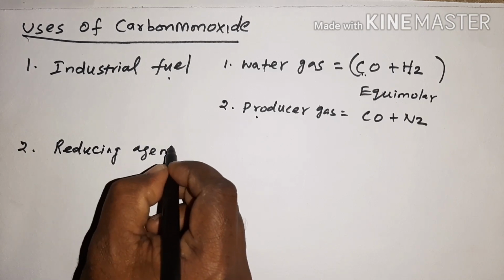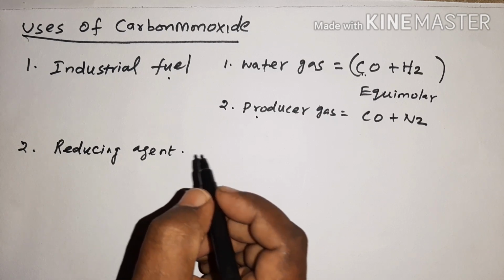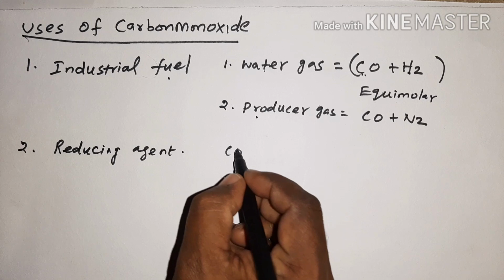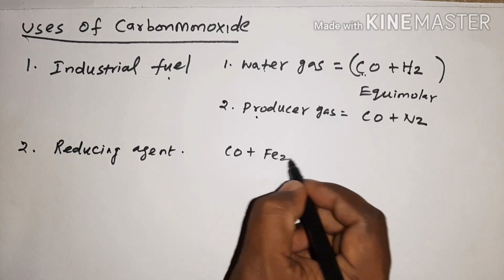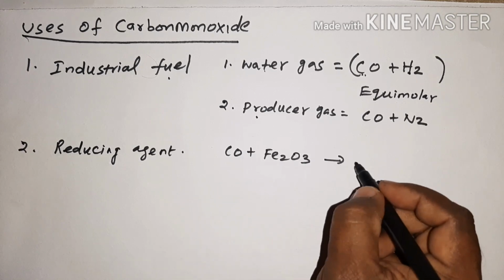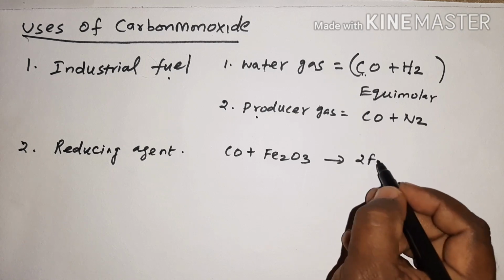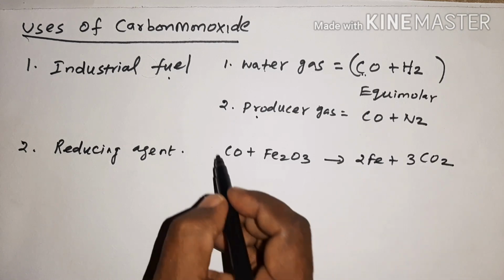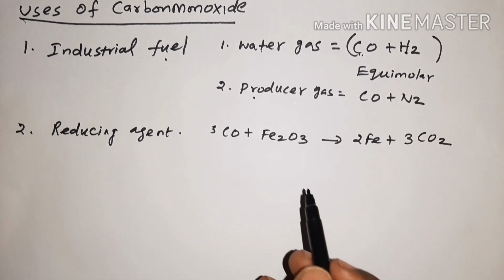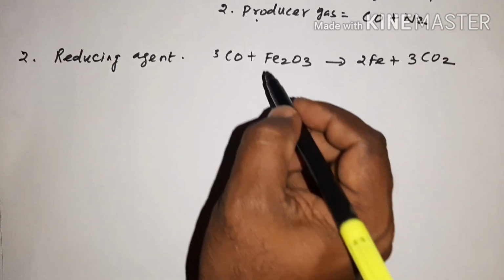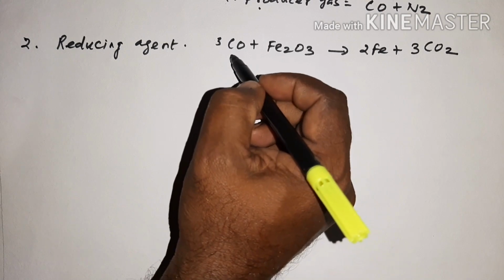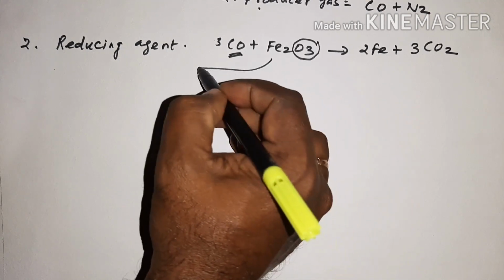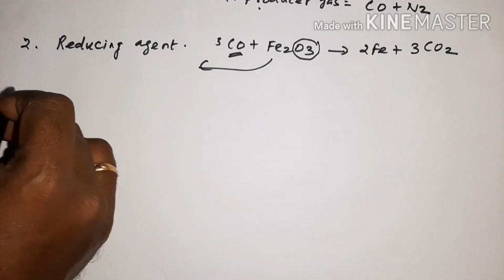Reducing agent. So we already studied in the properties of carbon monoxide plus Fe2O3, it is giving iron plus 3CO2. Here what is happening, this carbon monoxide is removing oxygen, so it is called a reducing agent.